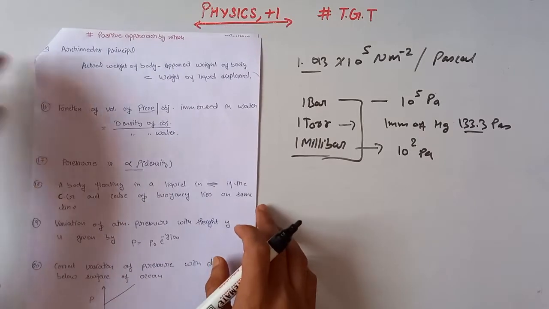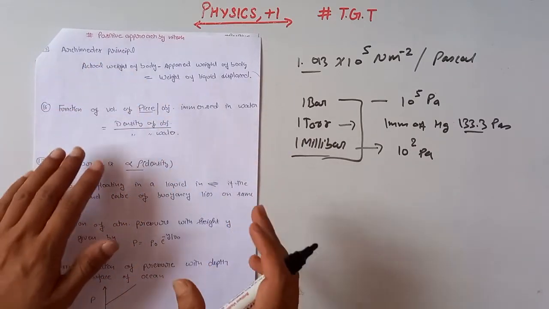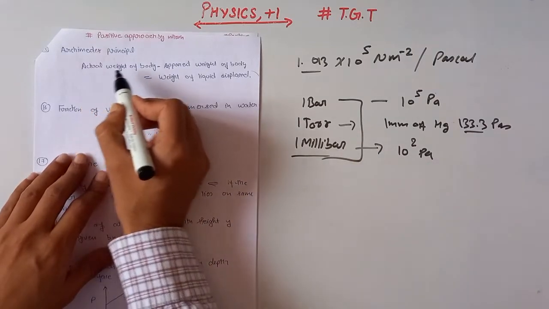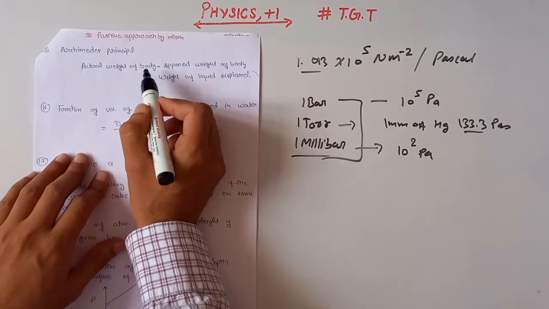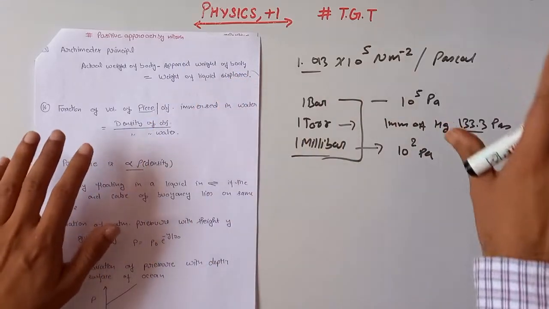Now, our next important key point is Archimedes principle. Archimedes principle says that actual weight of a body minus apparent weight of the body is equal to weight of the liquid displaced.